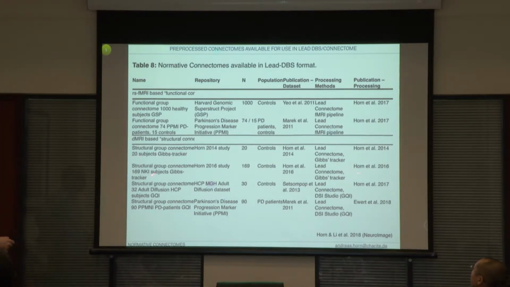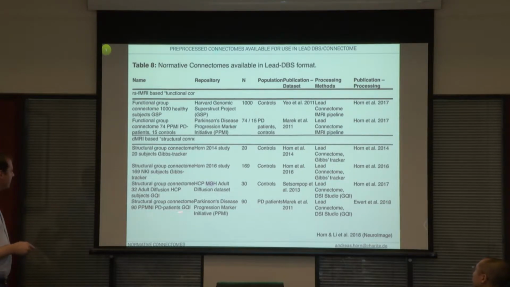The second was this 170 subjects, which were based on a published population, and then we used the Human Connectome Project data. It's only 30 subjects, but it's really great data because it was acquired on specialized MRI hardware, and it's 30 controls published here, and then our pre-processed version here.